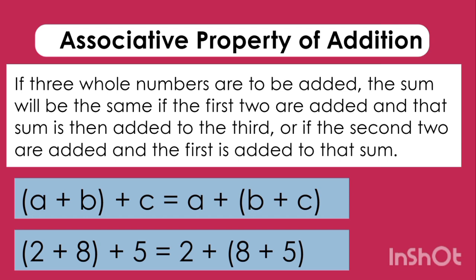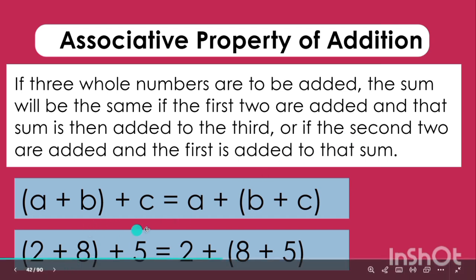Next, the associative property of addition. If 3 whole numbers are to be added, the sum will be the same if the first 2 are added and that sum is then added to the third, or if the second 2 are added and the first is added to that sum. Let's say 2 plus 8 plus 5. We add this first: 2 plus 8 is 10, plus 5 is 15.